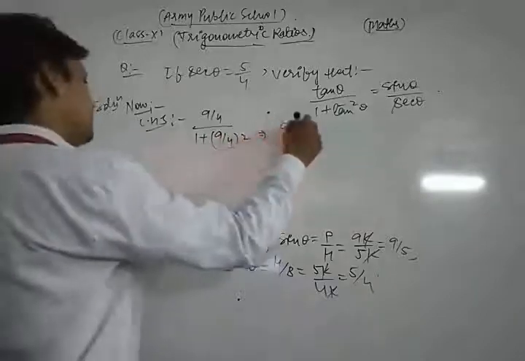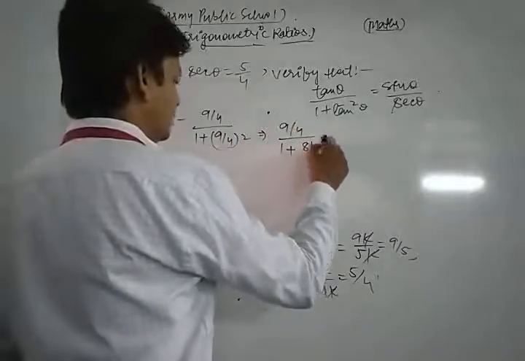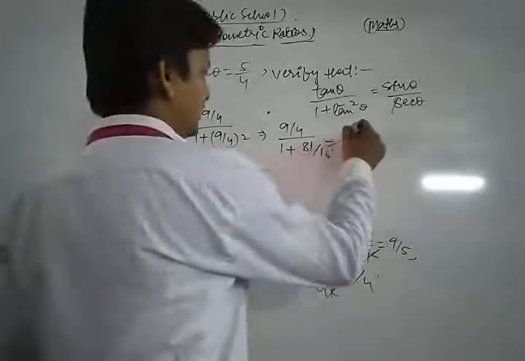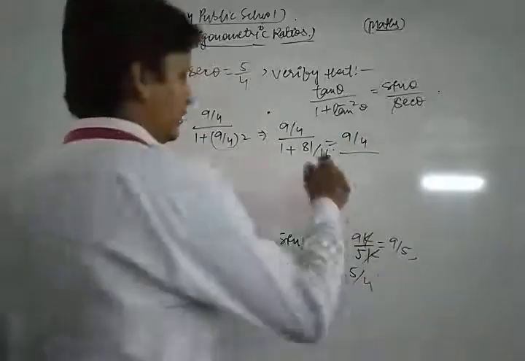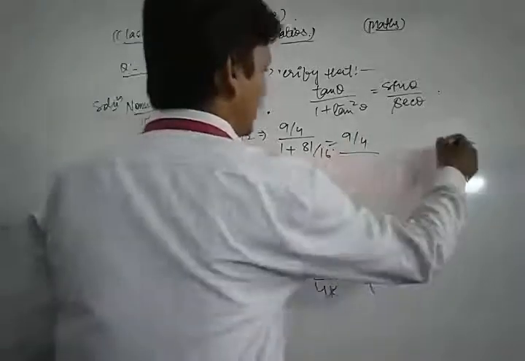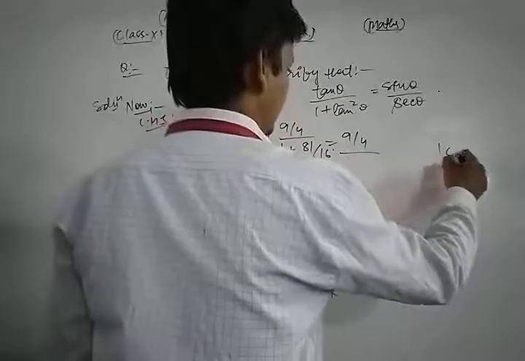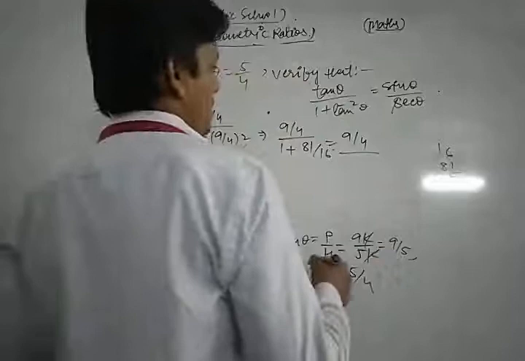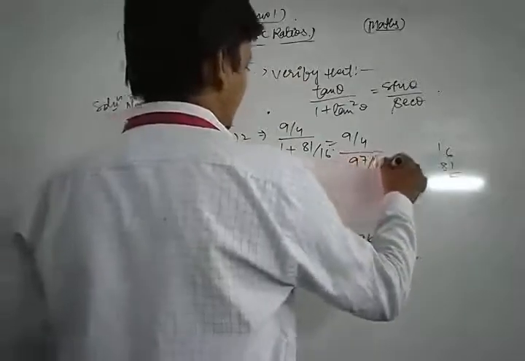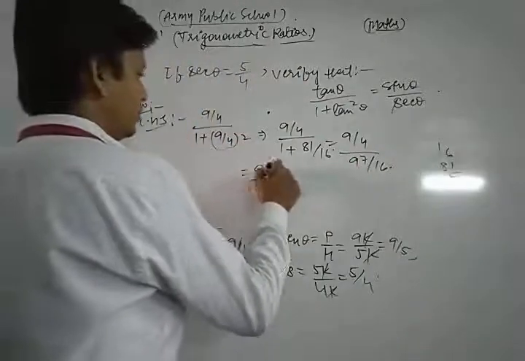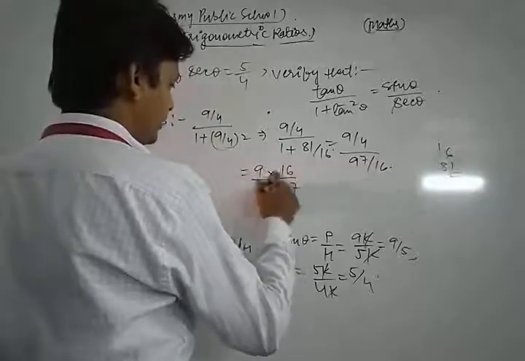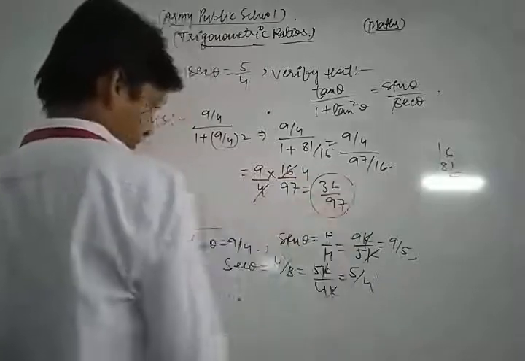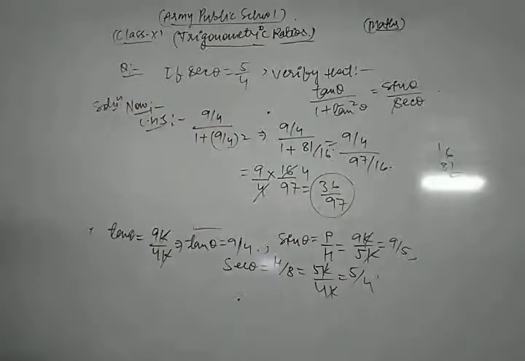So we get 9 by 4 upon 1 plus 81 upon 16. Now we solve it. This is 9 by 4 upon 16 plus 81 upon 16, that is 97 upon 16. So we get 9 upon 4 into 16 upon 97. So this is 36 upon 97.